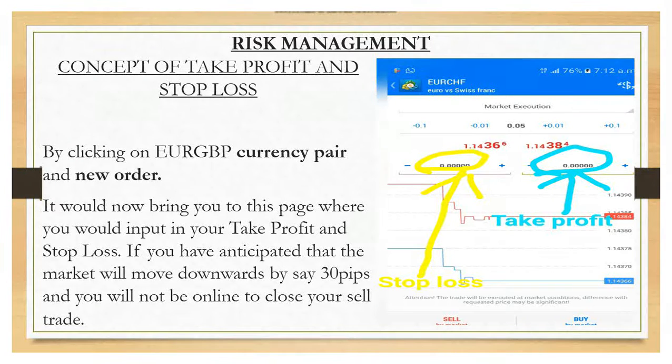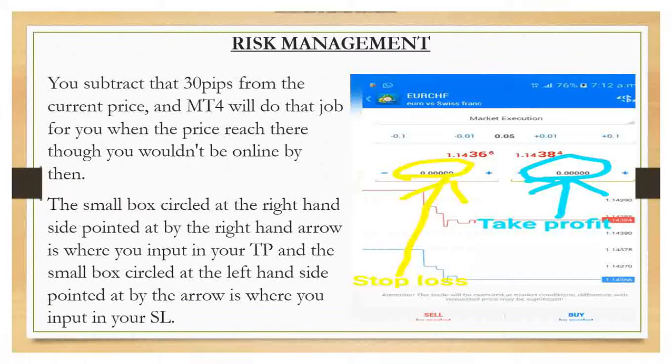If you have anticipated that the market will move downwards by say 30 pips and you will not be online to close your sell trade, you subtract that 30 pips from the current price, that is the bid price, and MT4 will do that job for you when the price reaches there, though you wouldn't be online by then.